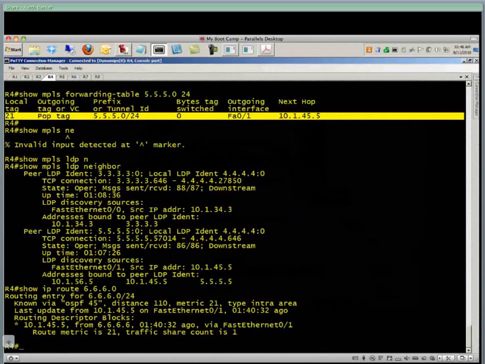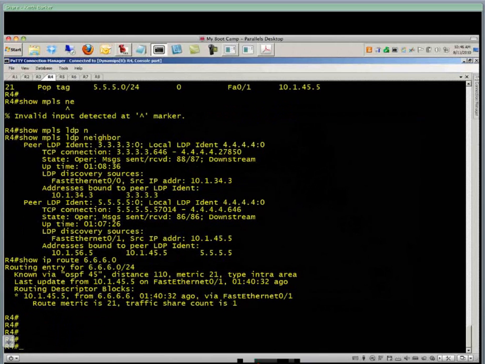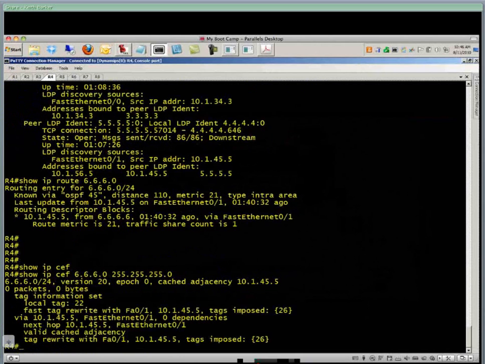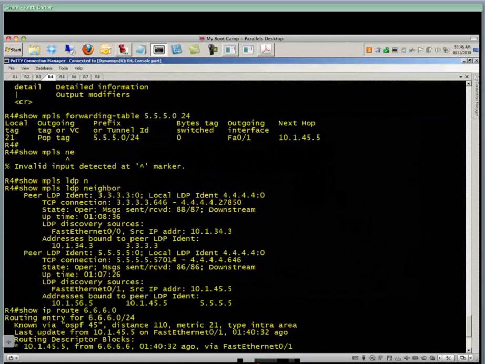So if we peeked at CEF on that same router for that same network, 6.6.6.6, and did a show IP CEF for that network, it's going to have in the CEF table, which is the IP forwarding table, the tags that it needs ready to go. So let's take a look at the tag here.